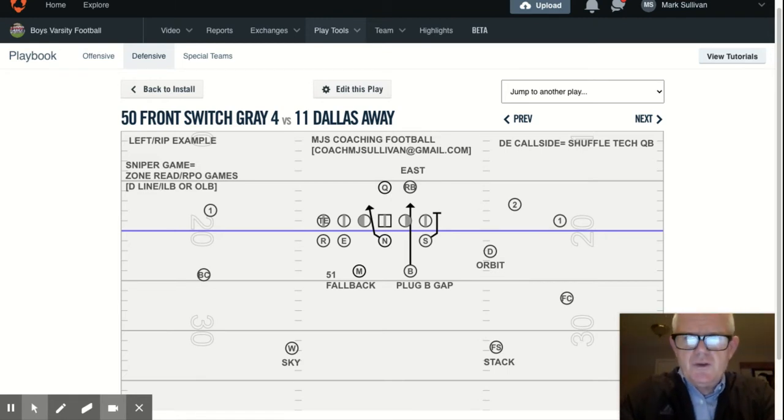So what I want to do right now is talk about a couple of the key differences between Switch and previous presentations, either Xbox or Xerox. Okay. So the big differences are the technique of the call side defensive end, and honestly, the technique of the opposite inside linebacker away from the halfback.